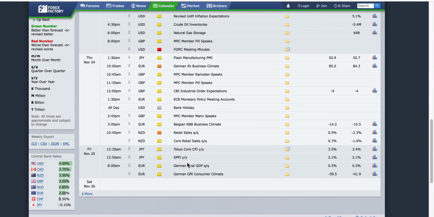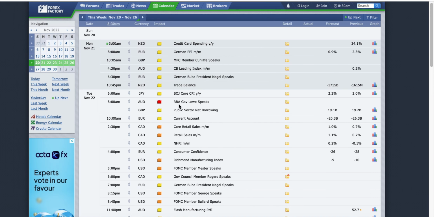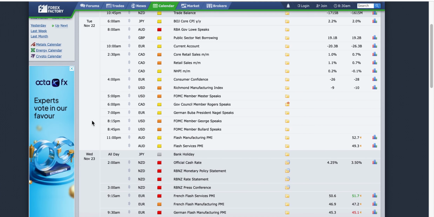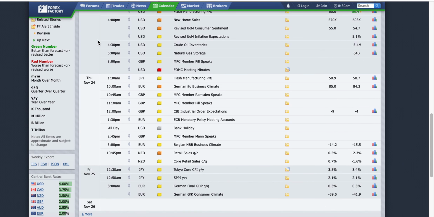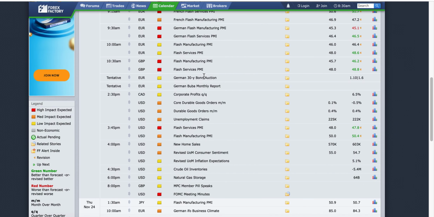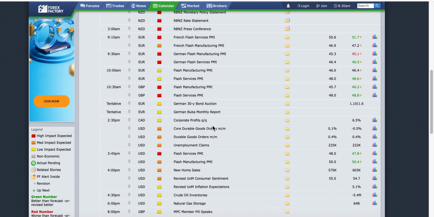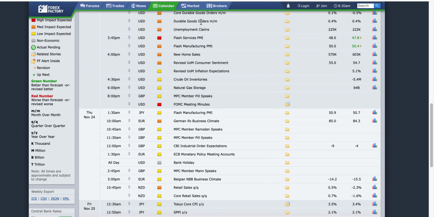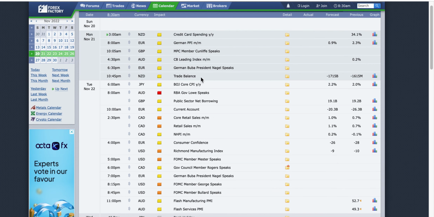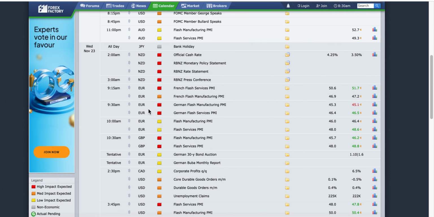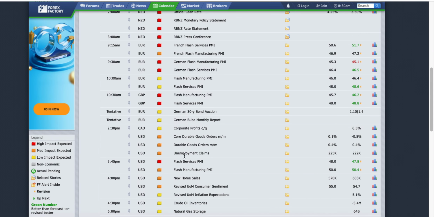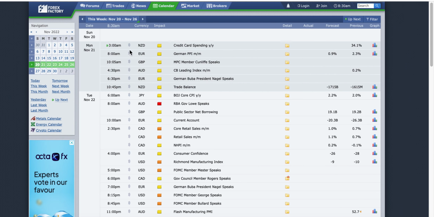So you have to take note of that. It's very, very important. Apart from that, we don't think we have so much next week, apart from the euro manufacturing PMI, the NZD monetary policy, the FOMC meeting, plus the flash services PMI. So all these things you have to be very, very careful about, especially the FOMC meeting.